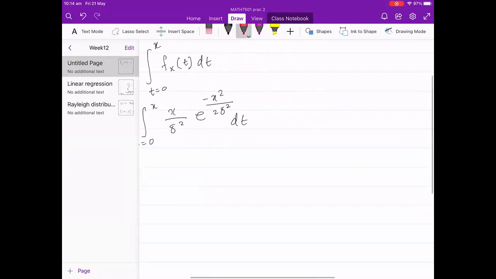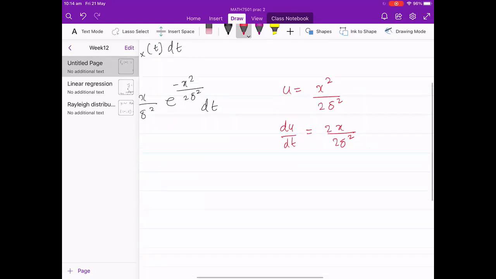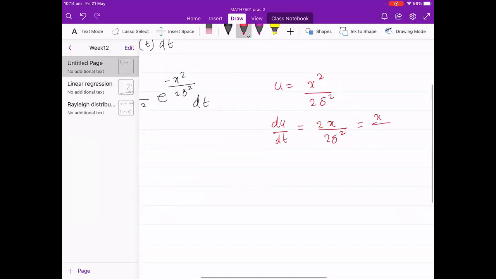Okay, let's say u equals x squared over 2 sigma squared, and then take du by dt equals 2x over 2 sigma squared, which is x over sigma squared.